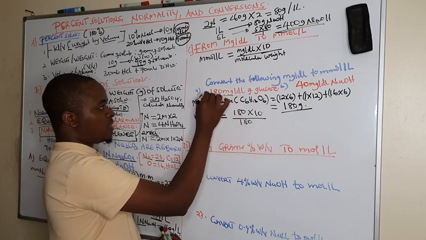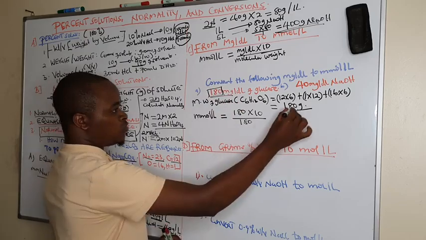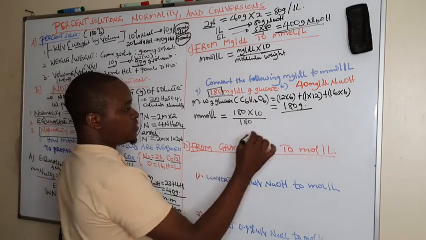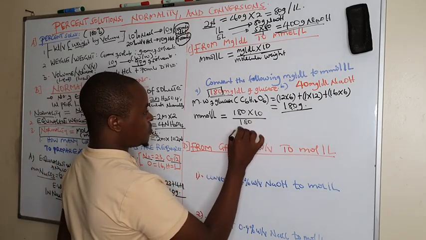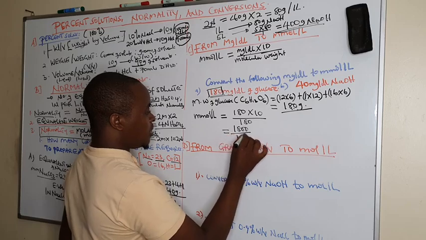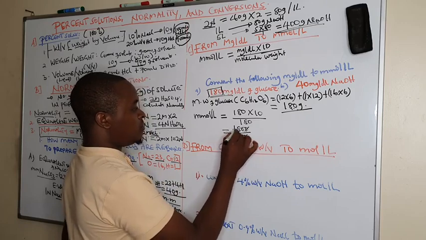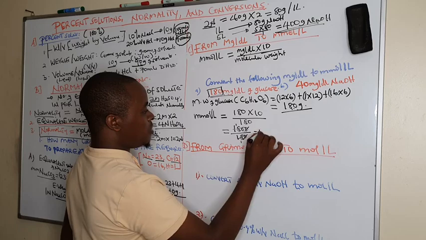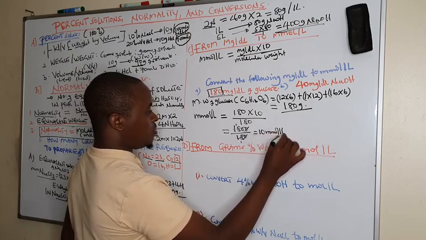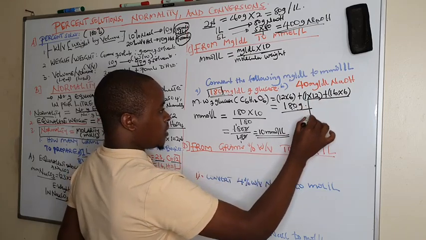The milligrams per deciliter is 180, and also the molecular mass is 180. So at the end, we shall get this divided by 180. This 0 shall go with this, and 18 divided by 18 is 1, we remain with 10 millimoles per liter of glucose. So this one becomes the answer.